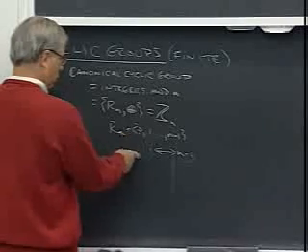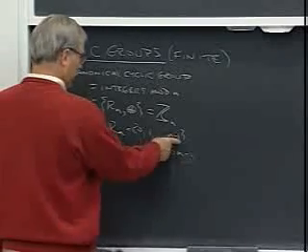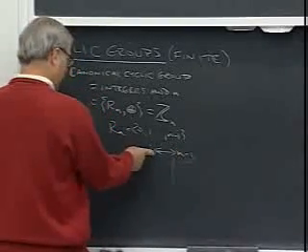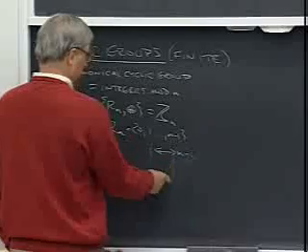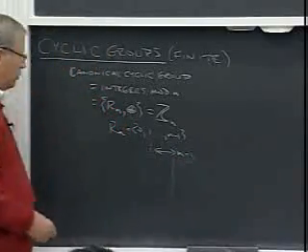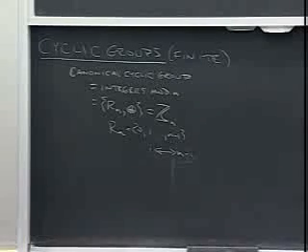The inverse of 0 is 0. The inverse of i between 1 and n minus 1 is going to be n minus i, because if I add i to n minus i it is equal to n, take mod n, that's equal to 0. So every element has an additive inverse.